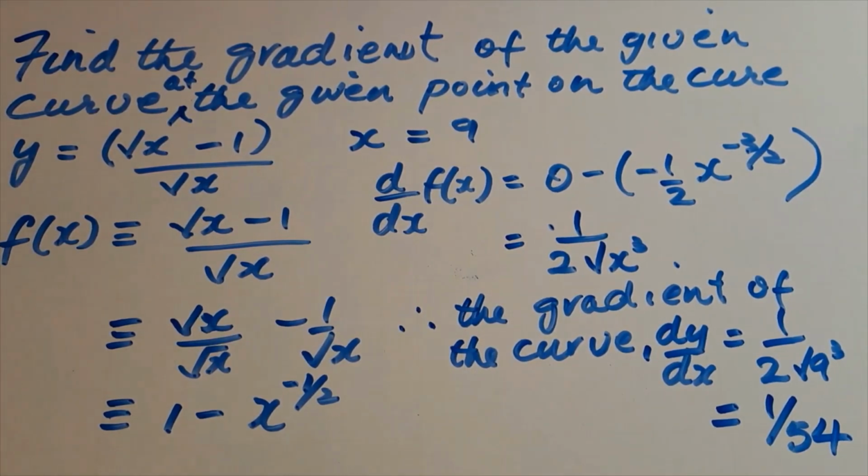So the gradient of this curve, y equal to root x minus 1 over root x, is 1 over 54 at a point where x is equal to 9.